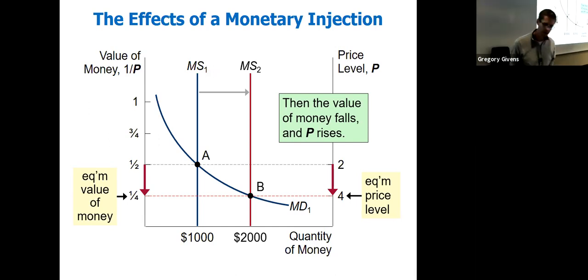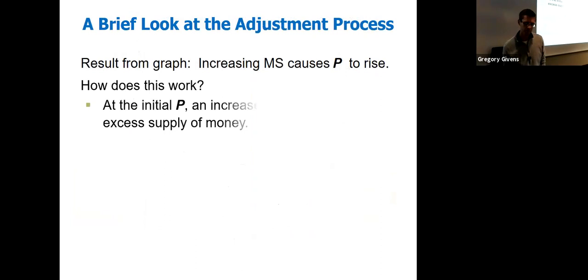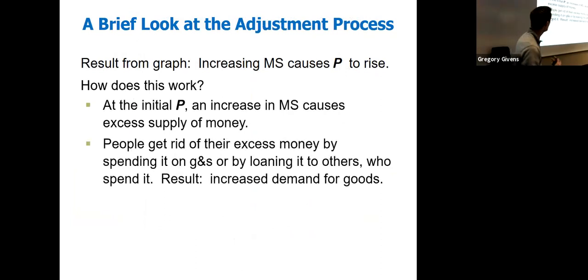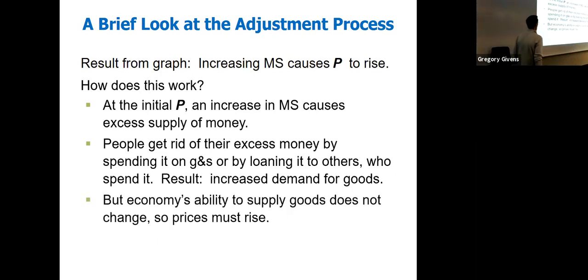And so the point here is that as the money supply increases, the aggregate demand for goods and services in our economy is going to go up as a result of that, because people are either going to buy more goods and services or lend those funds to others. But here's an important point.